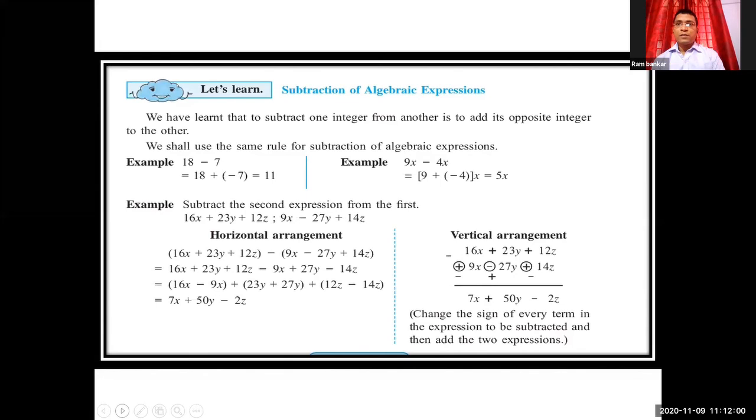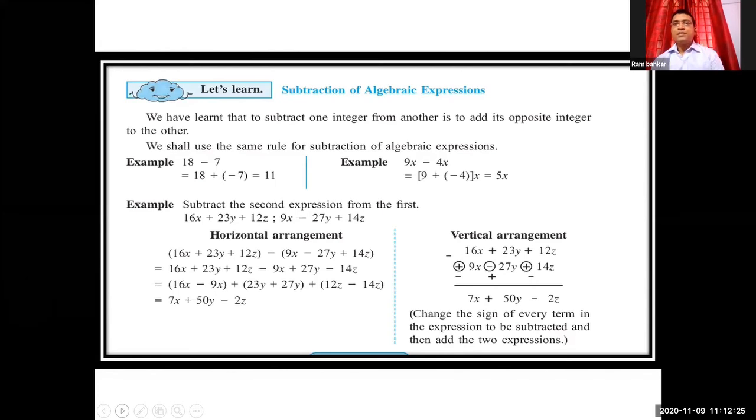We have learned to subtract one integer from another is to add its opposite integer to the other. We shall use the same rule for subtraction of algebraic expressions. Example given 18 minus 7. 18 plus in bracket minus 7, the answer is 11 as it is.